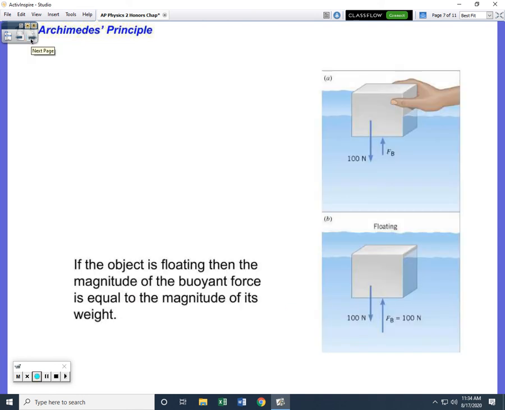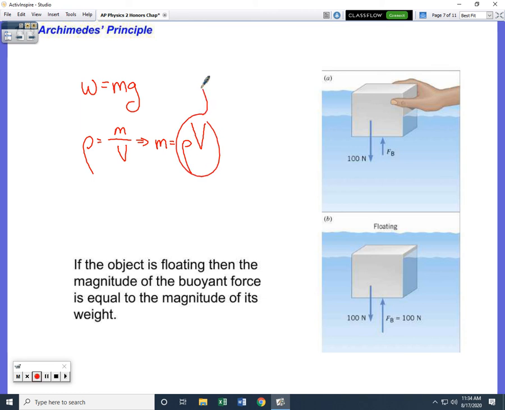And going into how we find weight, we know that the weight of an object is equal to mass times gravity. But if we're talking about a fluid, we're actually going to combine the idea of density that we just got done talking about. And so we rearrange this. The mass of an object is equal to the density of an object times its volume, and then we substitute this in.